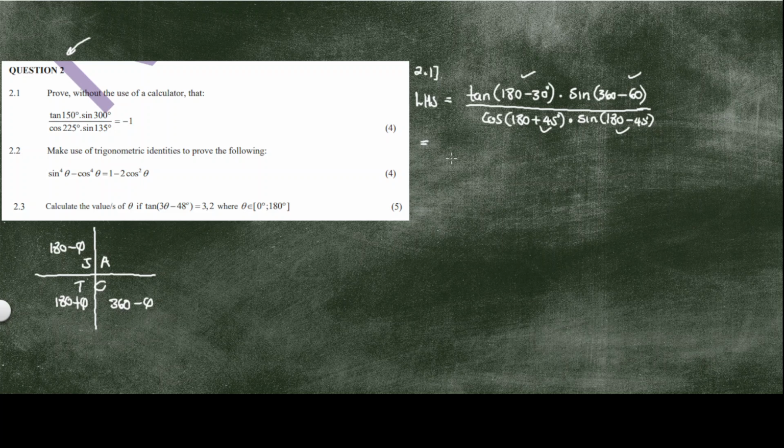So tan of 180 minus 30, since it's in the second quadrant, is minus tan 30 degrees in brackets, multiplied by sine of 360 minus 60, which is minus sine 60 degrees, over cos of 180 plus 45, which is negative cos 45, multiplied by sine of 180 minus 45, which is a plus sine 45 degrees.